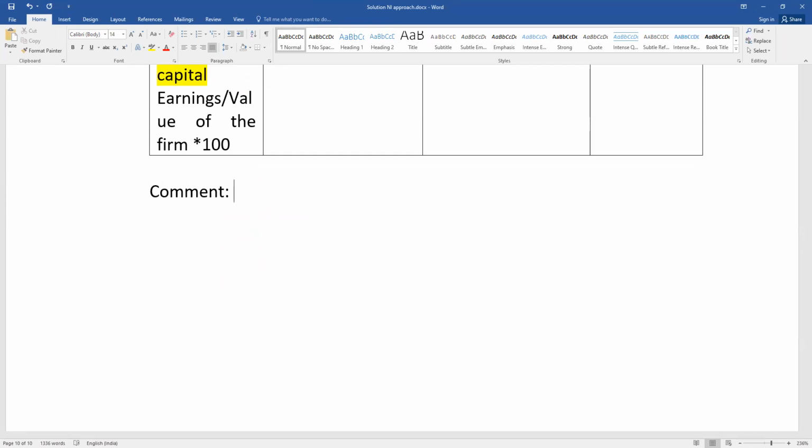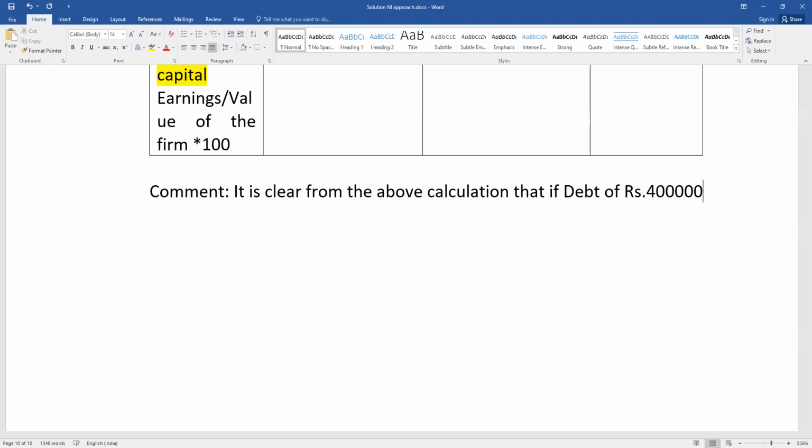So what would be the comment? It is clear from the above calculation that if debt of rupees 4 lakh is used, the value of the firm increases.